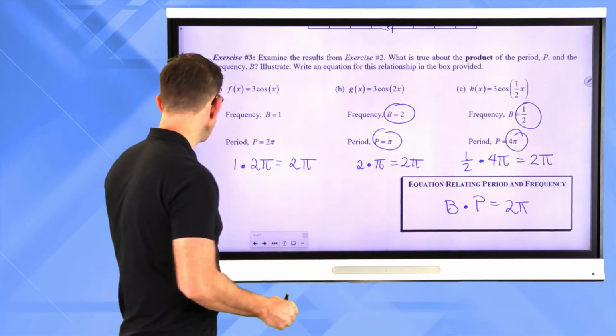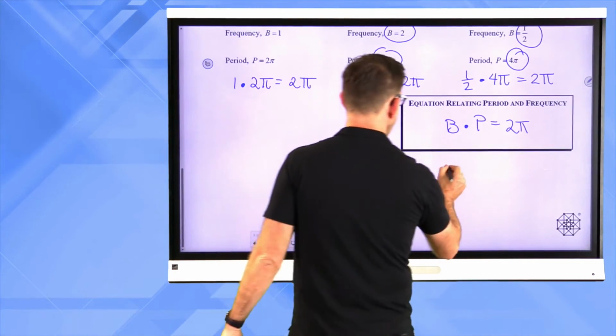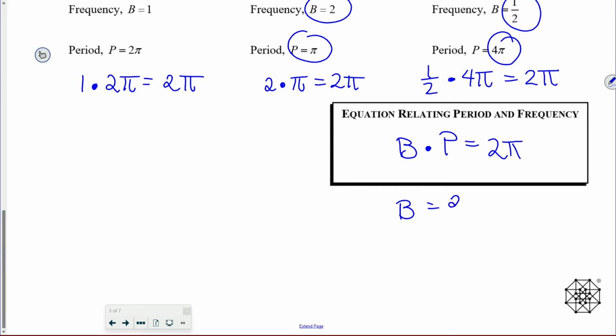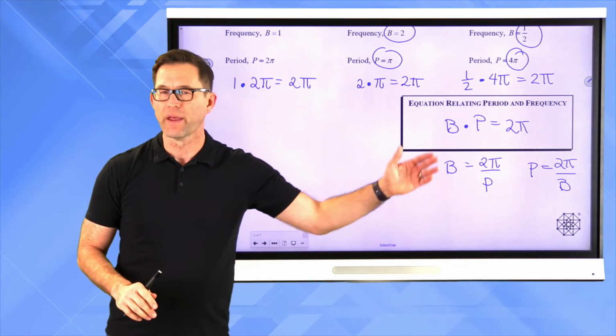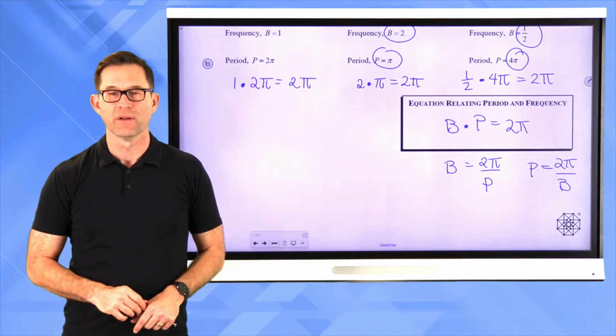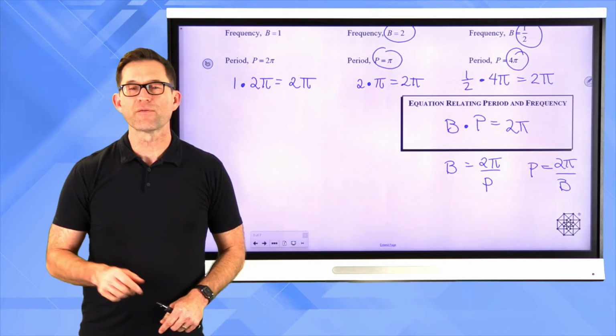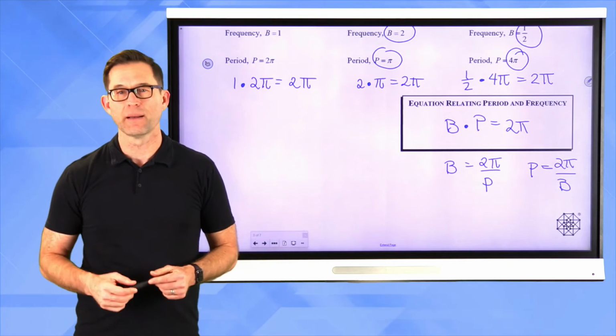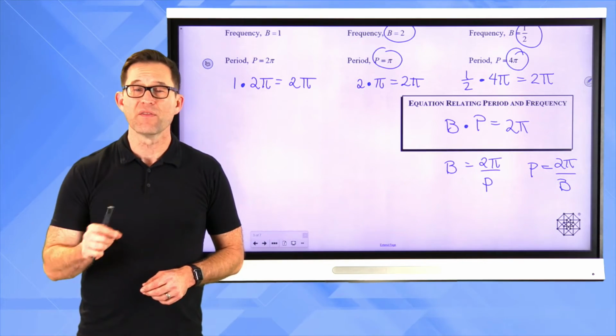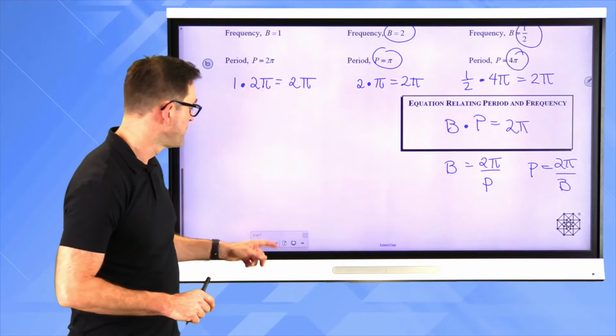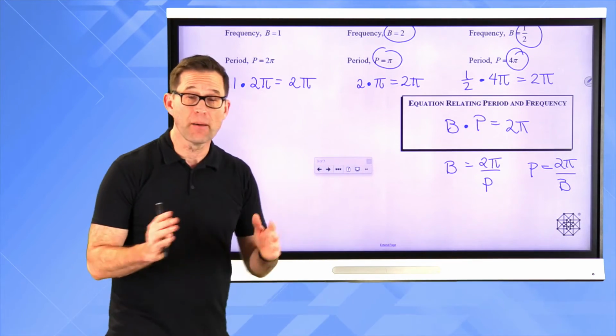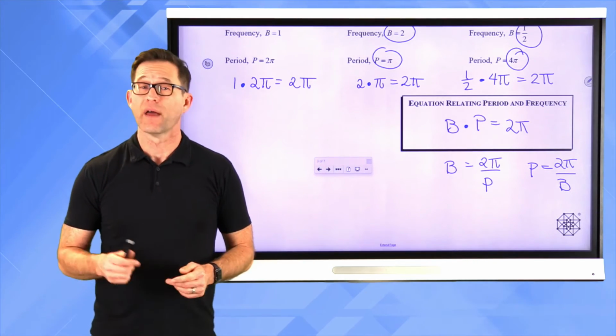In fact, you could say that the frequency will always be 2 pi divided by the period, and the period will always be 2 pi divided by the frequency. That's just another way of stating this particular equation. The period times the frequency will always be the constant 2 pi. That way, as one of them goes up, the other one goes down, and vice versa.